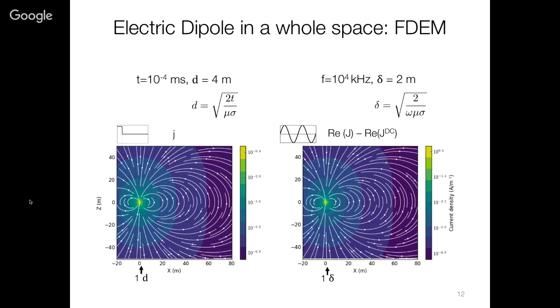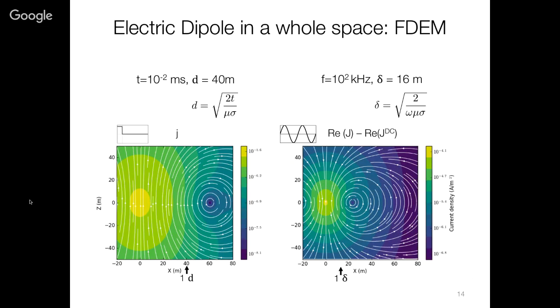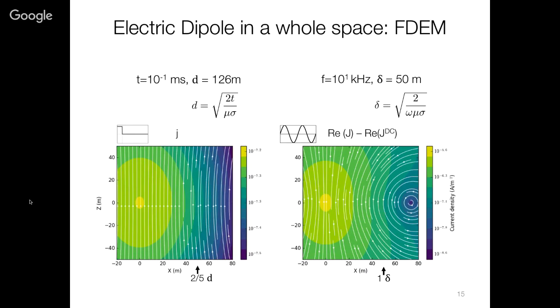If you look at 10 to the 4 kilohertz and you look at the secondary currents, they look like this. At a lower frequency, you can see they're starting to get reduced amplitude and spread out. And lower frequency than that, and lower than that.